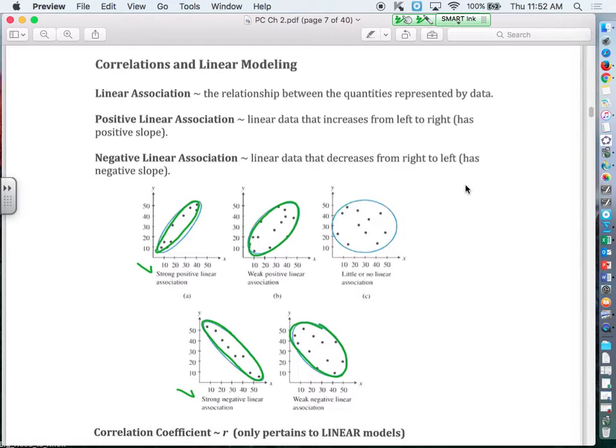The more that little bubble looks like a pencil, long and thin, a piece of spaghetti, the stronger the correlation. The more it starts to look circular like in this one, the less correlation you have. It means that maybe one doesn't really affect the other. So that's in general terms, in terms of their correlations.